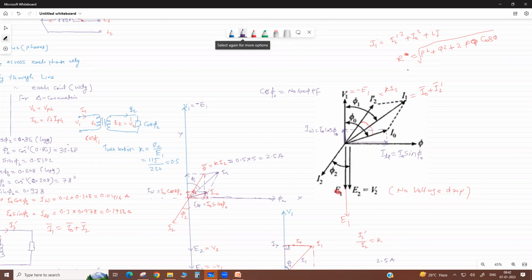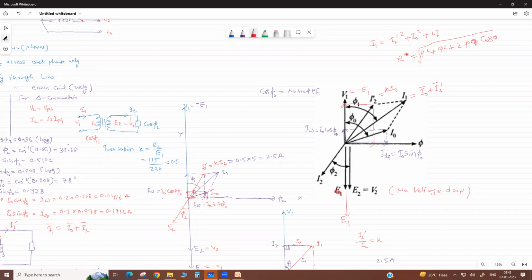But here this angle is not there. Then similar to how we resolve I naught, we resolve I2 dash also. See, like we take here this and this.